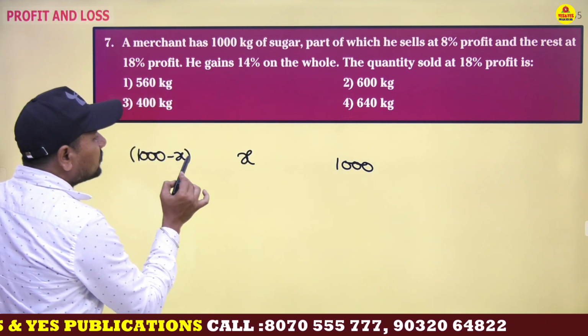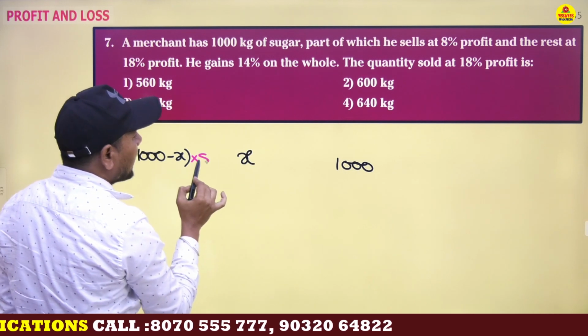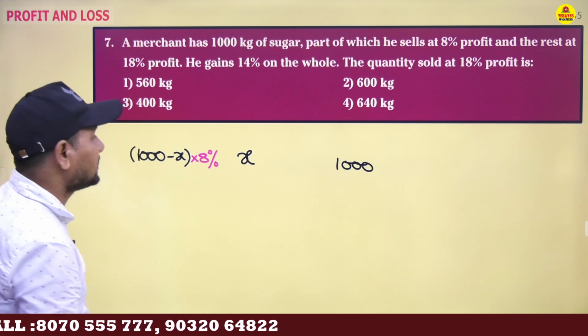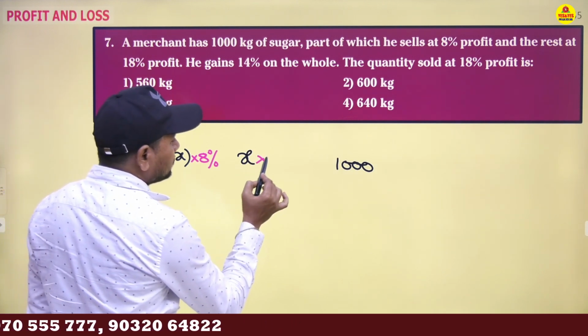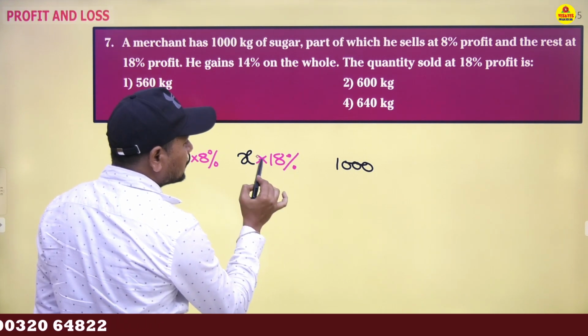First, the 1000 minus X part is sold at 8% profit. Next, the remaining part, which I am assuming as X, is sold at 18% profit.